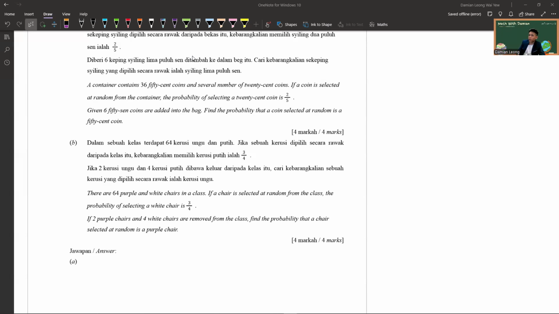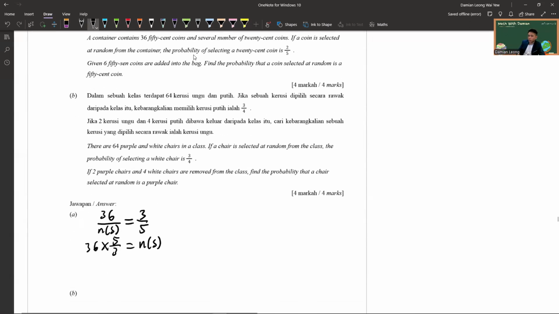If 2 over 5 is the probability for selecting 20-cent coins, the probability of selecting 50-cent coins is 3 over 5. So 36 over the total number of outcomes in the sample space equals 3 over 5. So 36 times 5 over 3 equals 60. Total number of coins is 60.